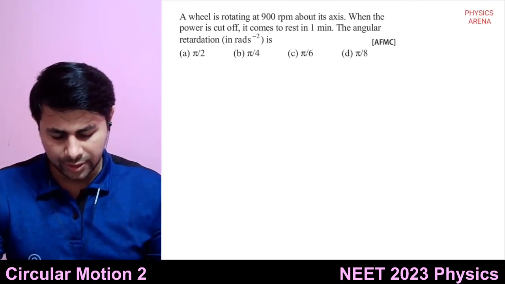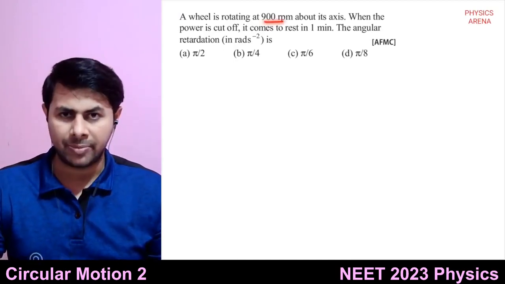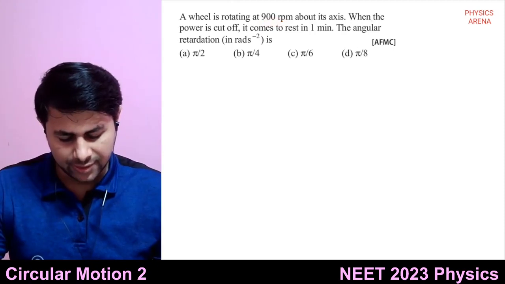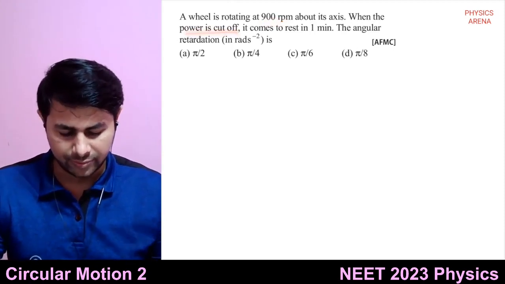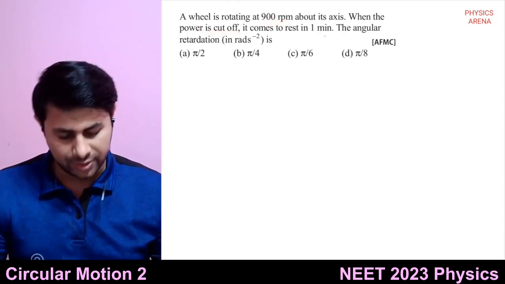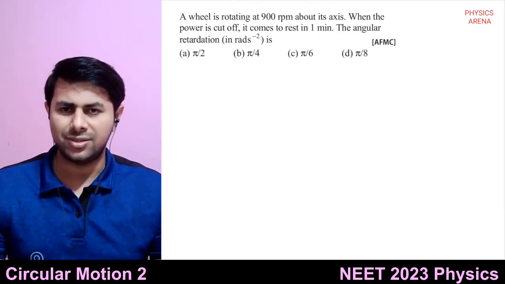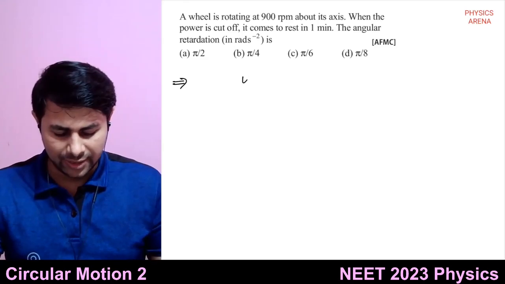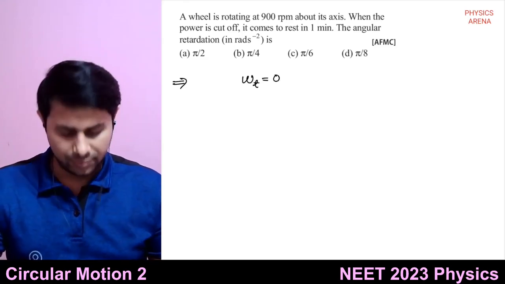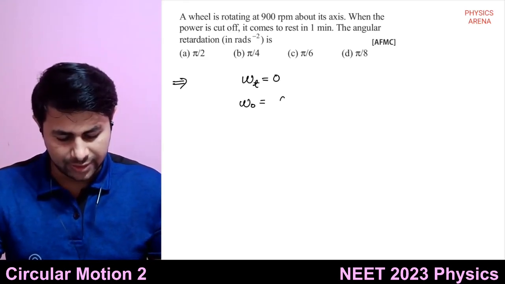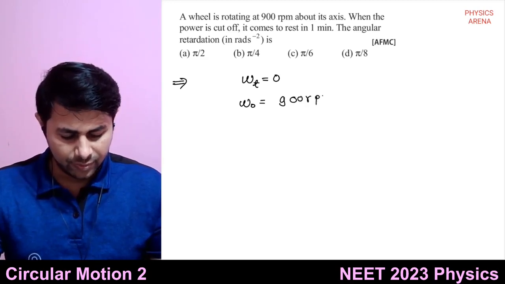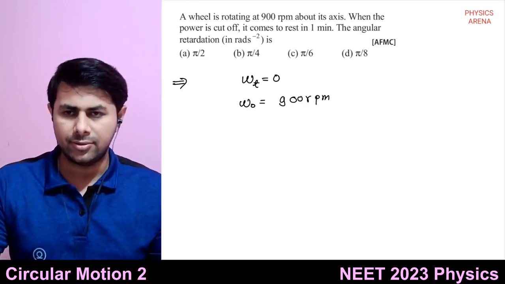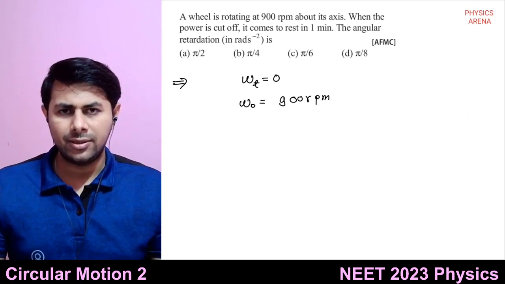The next problem is: a wheel is rotating at 900 rpm about its axis when the power is cut off. It comes to rest in 1 minute. The angular retardation is? This is very simple. Final angular velocity is 0. Initial angular velocity is 900 rpm. You have to convert this to radians per second.